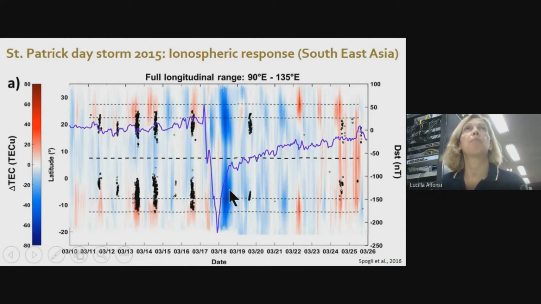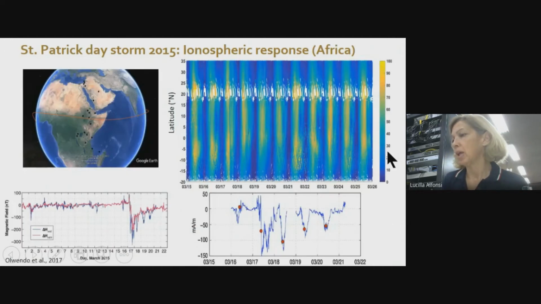This is called the suppression of small scale irregularities and inhibition of scintillations. This is due to a sort of disappearance of the small scale irregularities that trigger scintillation. And you can see that there is again an occurrence of scintillation on this day, but again they disappear and they reappear after the recovery, at the end of the recovery of the storm.